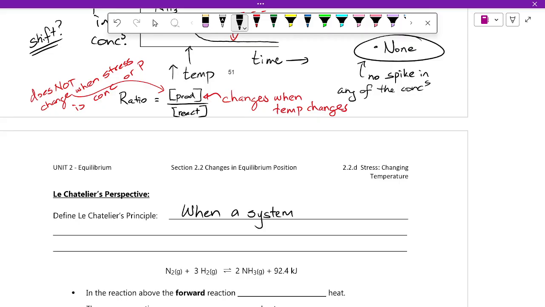Okay, so we're just doing a noun right now. There's no verbs yet. We're just doing a descriptive phrase. When a system, what is that system like? At equilibrium. So that's our first phrase: when a system at equilibrium, and now we can add a verb.